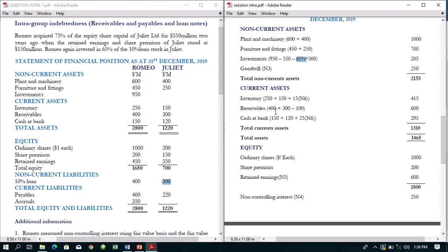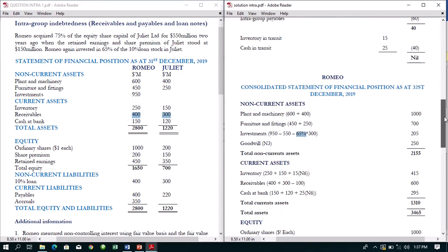Same thing too, I will go to my receivable, which is 400 here and 300 here. Don't forget, what is the rule? Eliminate the intra-group receivables and eliminate the intra-group payables. So I will eliminate the 100 here because we are told in our current account, which is our note 6.